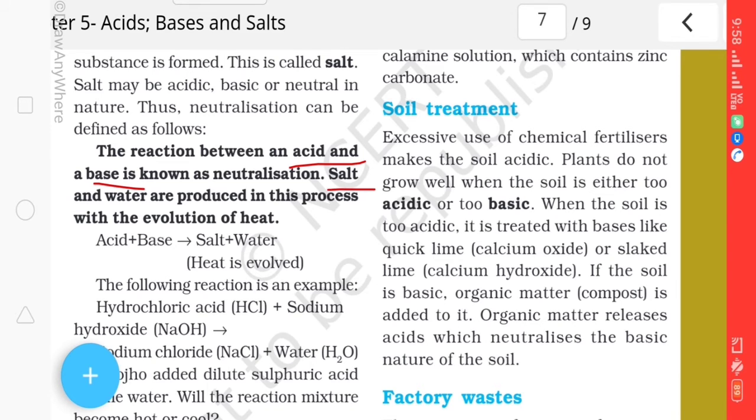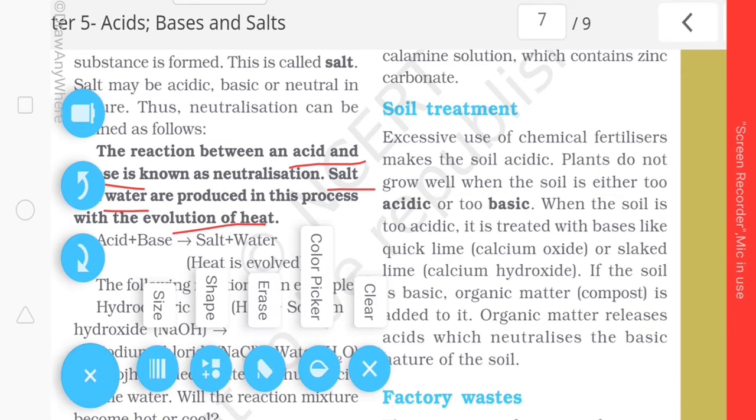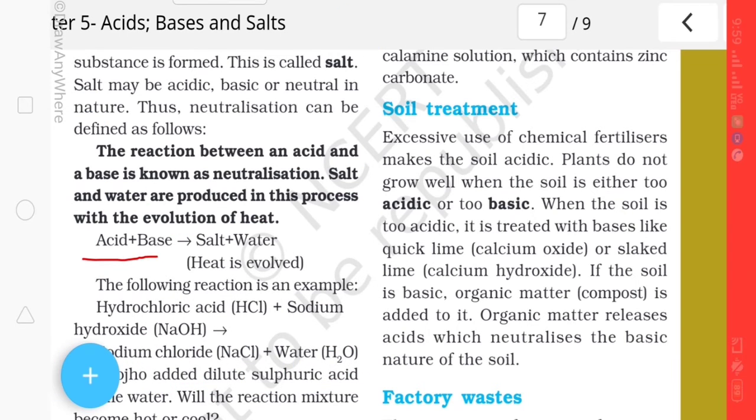We will get salt and water, and also there will be evolution of heat. This is the equation of the reaction. Acid and base are the reagents, they react and the products are salt and water, along with evolution of heat.